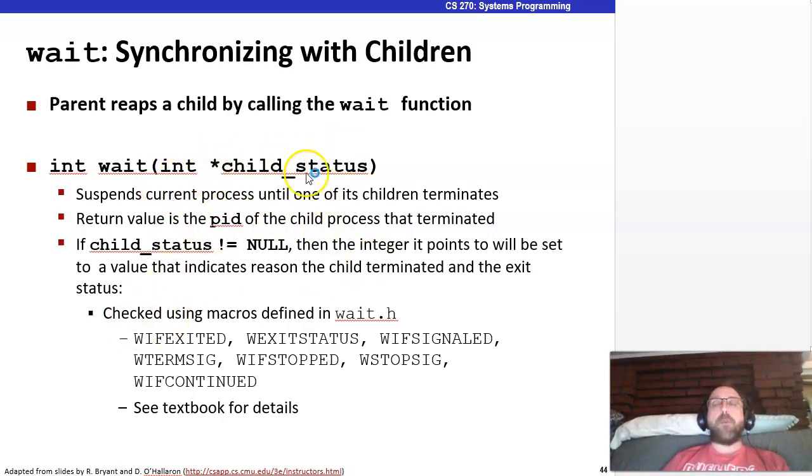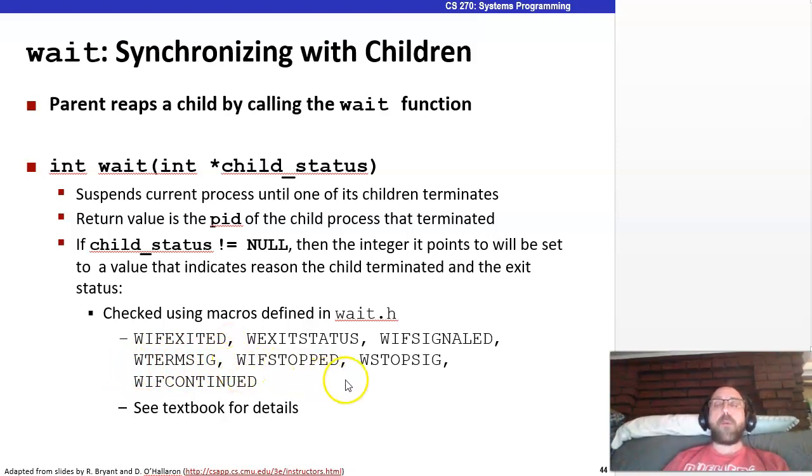So in order to get those individual bits out, rather than writing a bunch of bit manipulation code yourself, you can use some macros that are defined in wait.h. So you use these like functions, WIFEXITED, parentheses, and then you give not the pointer, but the integer that it points to, and then it will return true if it exited normally, false if it was abnormally terminated. WEXITSTATUS, if it was terminated normally, that gets the exit status out of that integer. And the same thing for WIFSIGNALED, which is abnormally terminated. Was it signaled, and what was the number of the signal that terminated it?